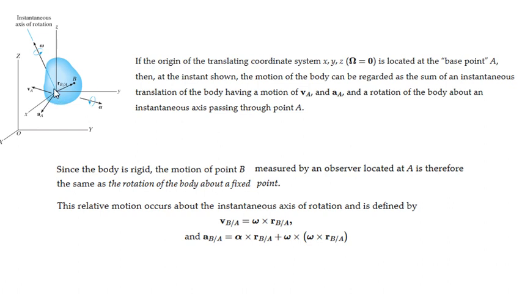See that? So we want to get the motion at the point B right here, and you can measure it from A, so you put an observer at point A in order for us to measure all the quantities of motion that we want to get at point B.